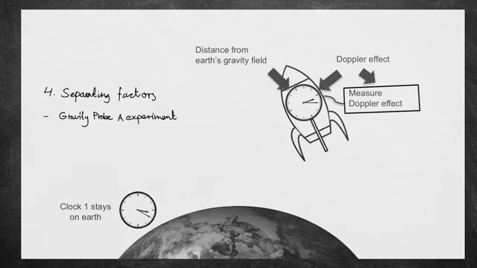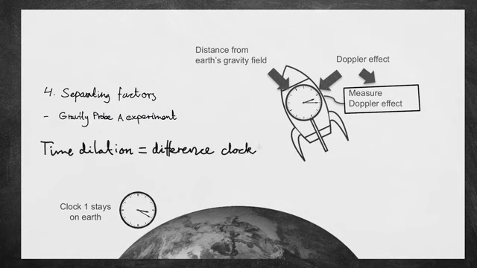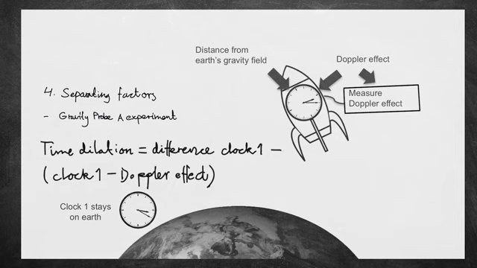So that we could then have a measurement of the time dilation and a measurement of the Doppler effect. And then we could calculate out the Doppler effect from the signals that we received about the time measurement. And that allowed us to separate out these two factors and only get, as a result, time dilation.